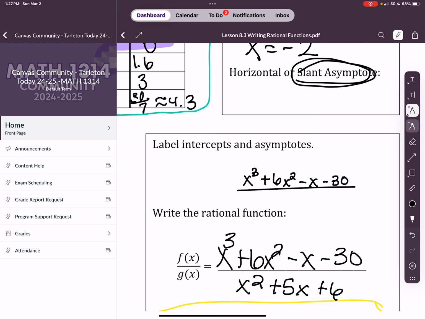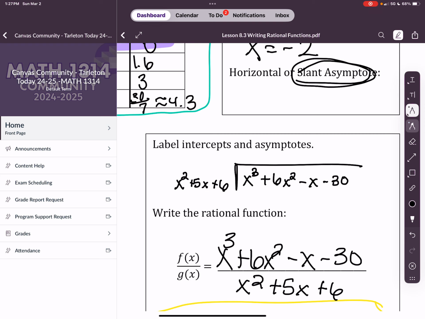Hold on, though. I didn't mean to do the fraction line here. Sorry. Okay, so I'm going to divide x cubed plus 6x squared minus x minus 30 by x squared plus 5x plus 6.